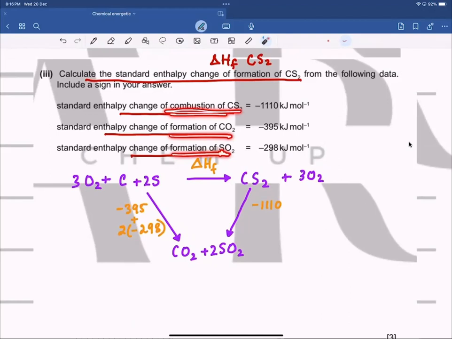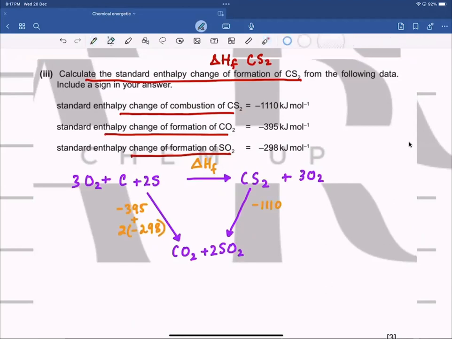Are you getting my point? Yes. So the best way, it takes a little more time, but the best way is to make the Hess cycle. If you make the Hess cycle, it will provide you the actual picture and you can easily make the mathematical expression to solve it.